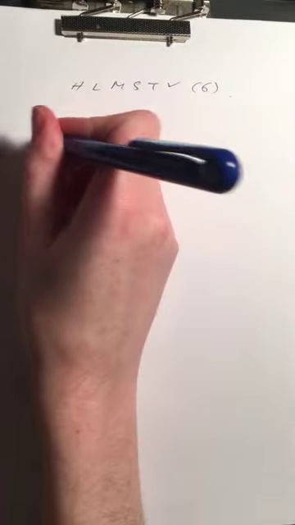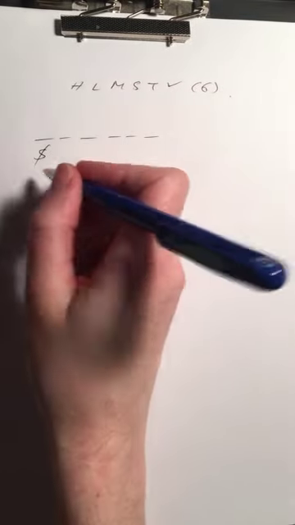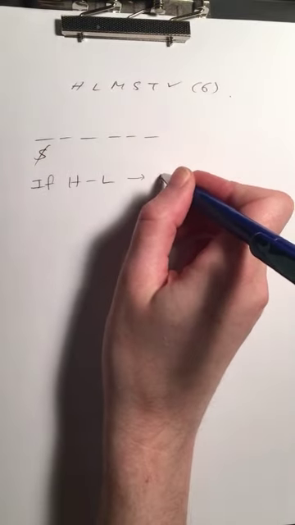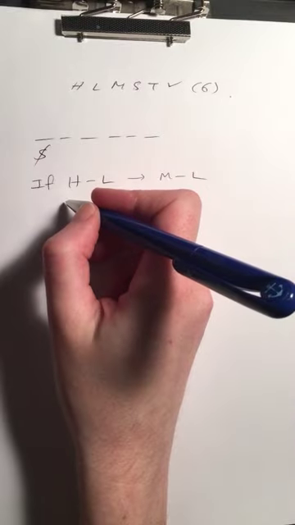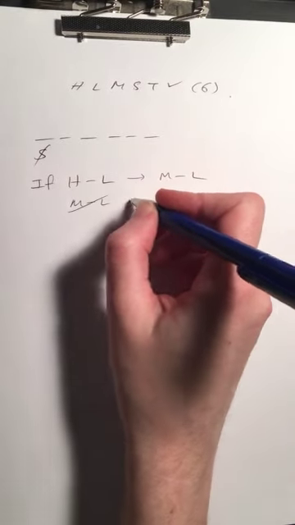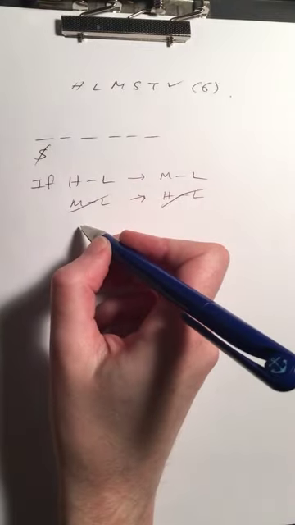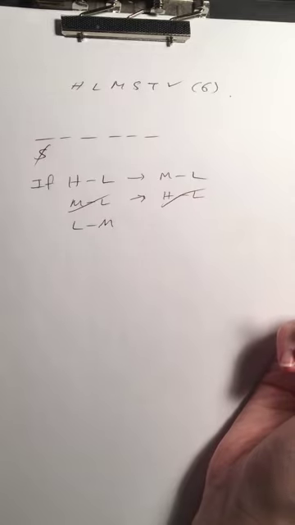Okay, the sundial is not on the 1st. And then we have a conditional, so if H is before L, then M is also before L, which means that if M is not before L, then H is not before L. And in this case, if M isn't before L, that's the same as saying that L is before M, because we don't have any ties, right?